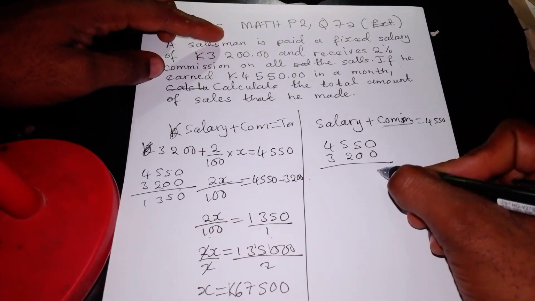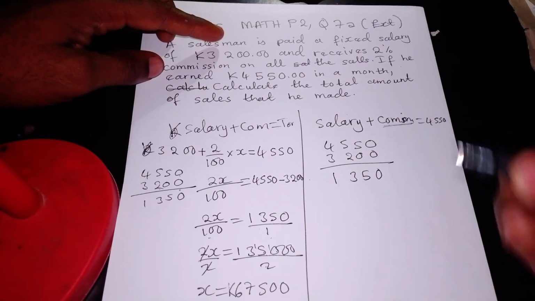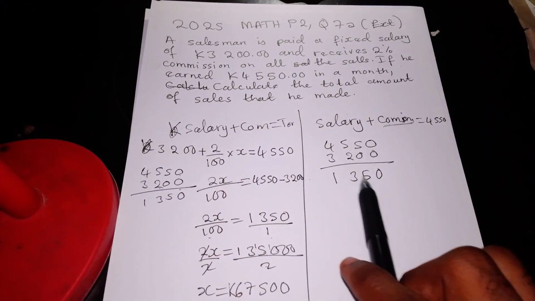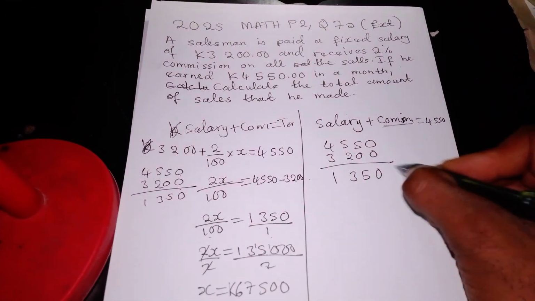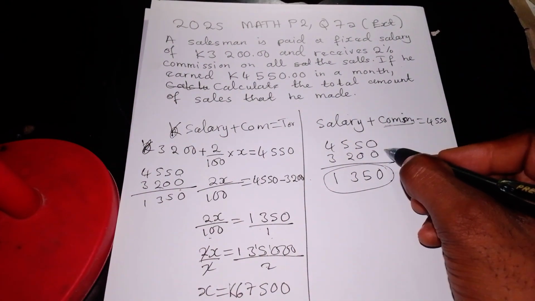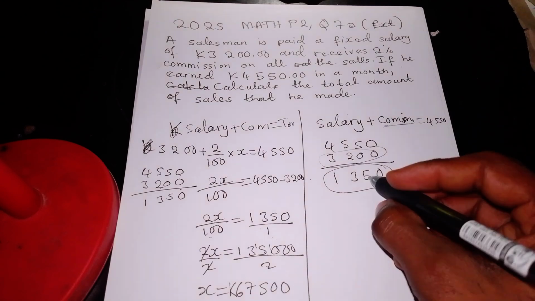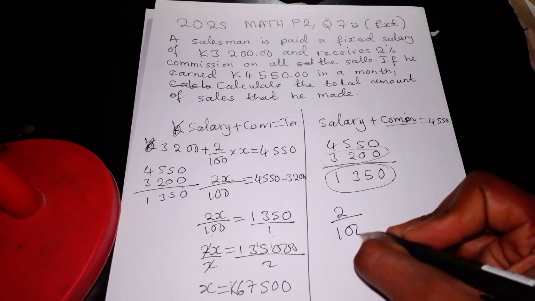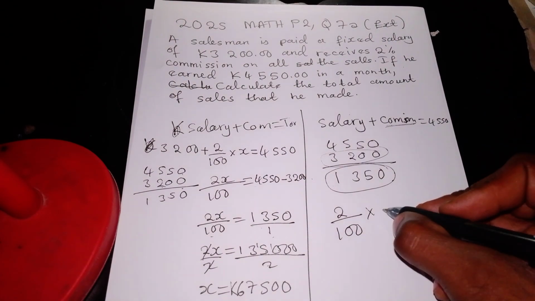So when you come to think of it, these two are actually the same, because when I took this one to the other side, we had subtraction here. So now when you subtract these two, you have this. This is the commission, and this is the fixed salary. So we now know that this commission is 2% of some unknown number.